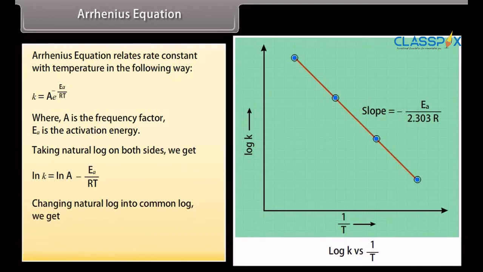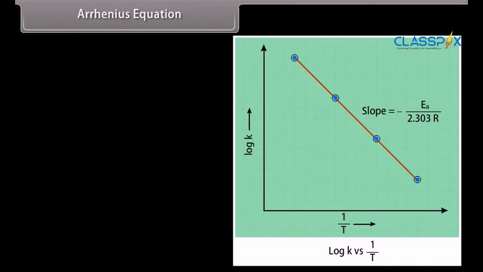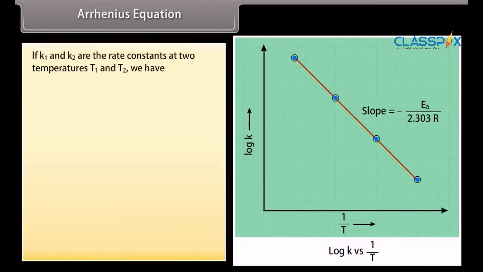Changing natural log into common log, we get log K = log A - Ea/(2.303 RT). If K1 and K2 are the rate constants at two temperatures T1 and T2, we have log K1 = log A - Ea/(2.303 RT1), and log K2 = log A - Ea/(2.303 RT2).